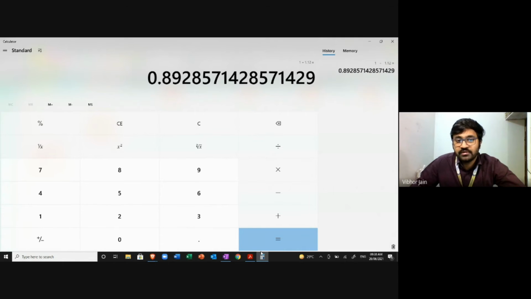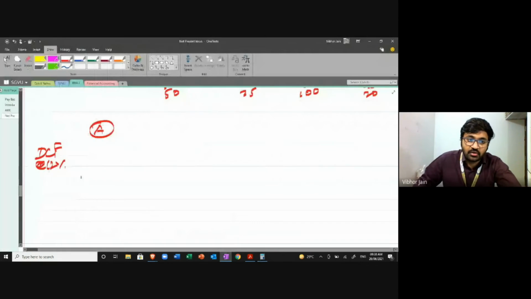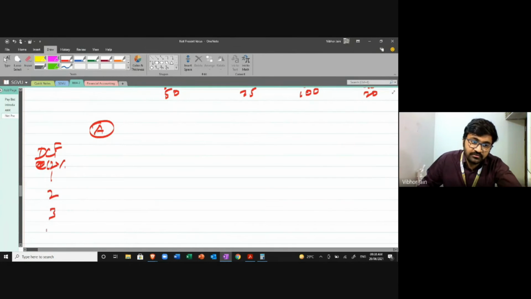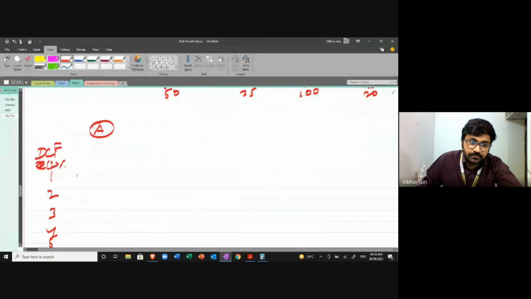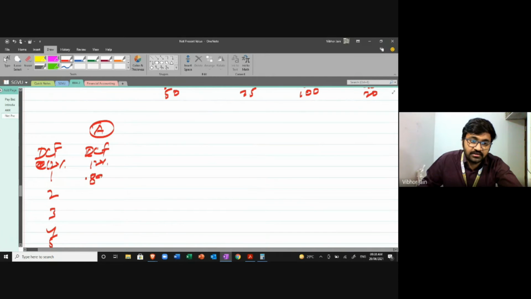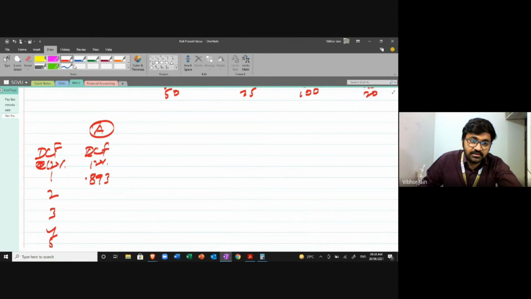So I'll round it off and use 0.893. So the discounting factor at 12% for year 1 is 0.893.